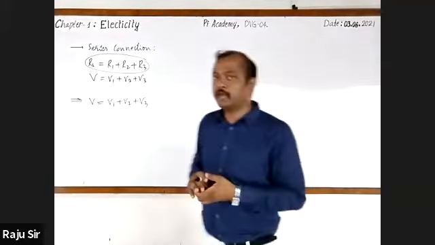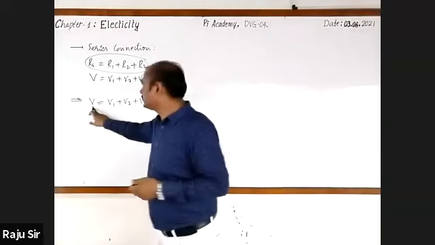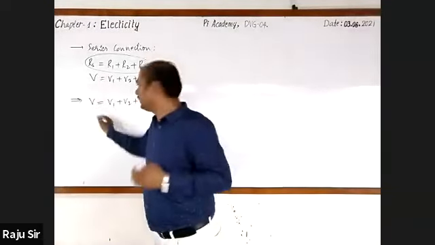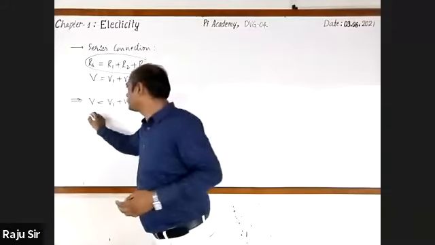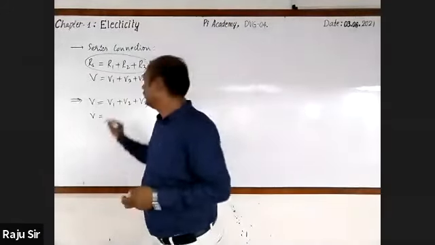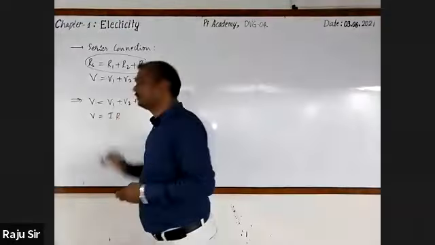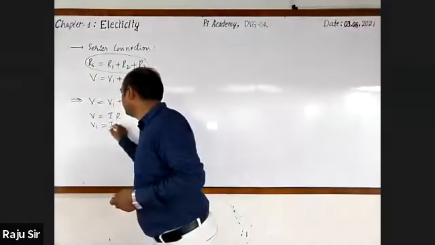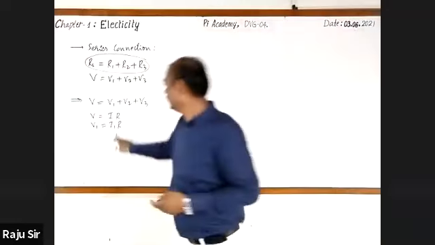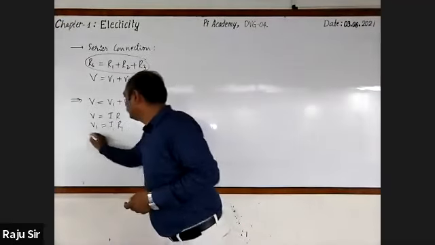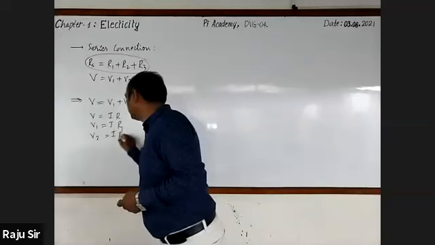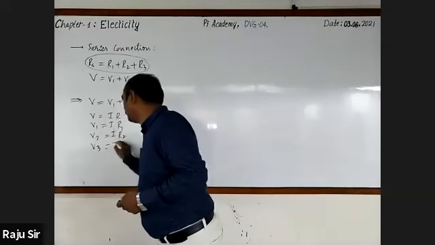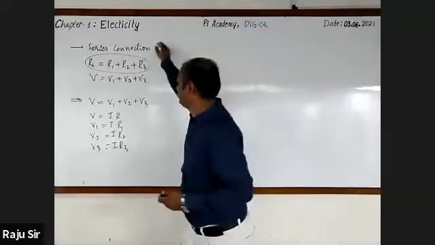Hence, we write the voltage of the battery according to Ohm's law as V is equal to I into R. Similarly, V1 is I into R1, V2 is equal to I into R2, V3 is equal to I into R3.